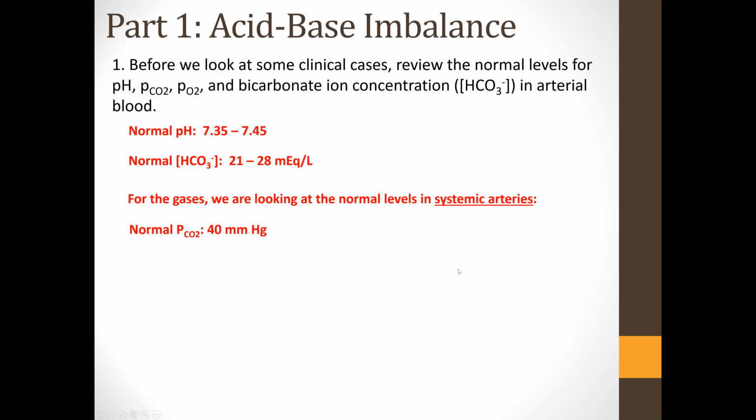As we covered in Chapter 27, carbon dioxide levels can range between 35 and 45 millimeters mercury, but this is what we would expect to see in systemic arteries. The normal oxygen partial pressure should be between 95 and 100 millimeters mercury.